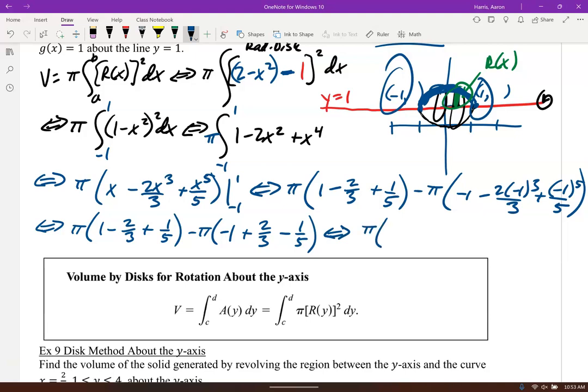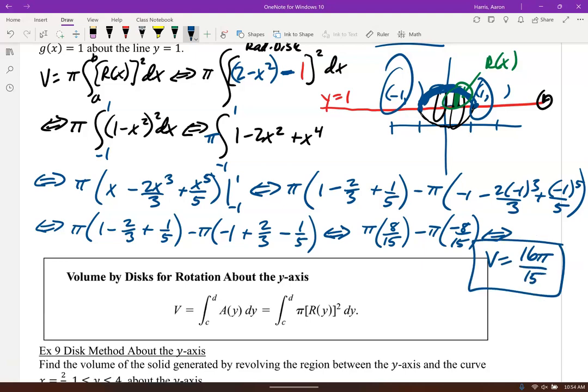So we got pi times 8 over 15 plus 8 over 15. So our volume is 16 pi over 15 on this.